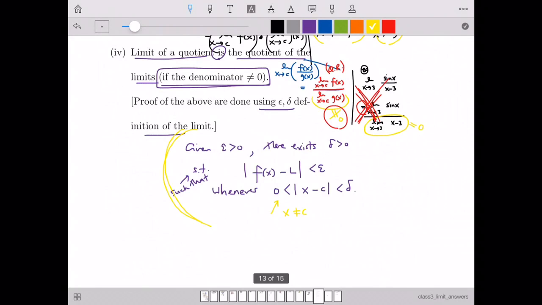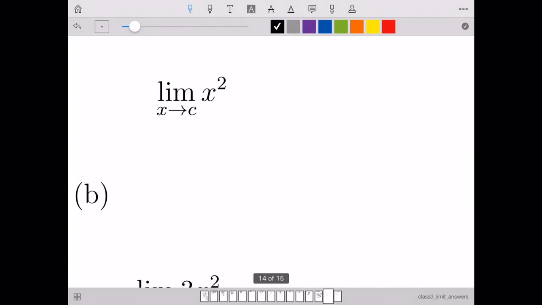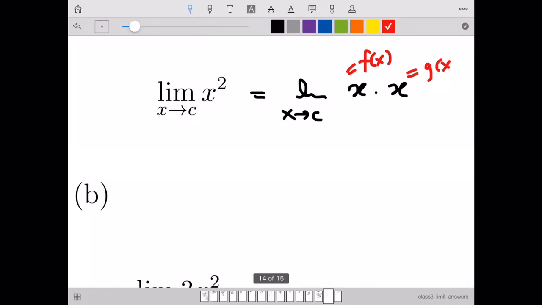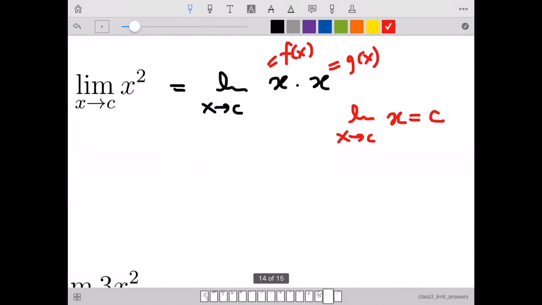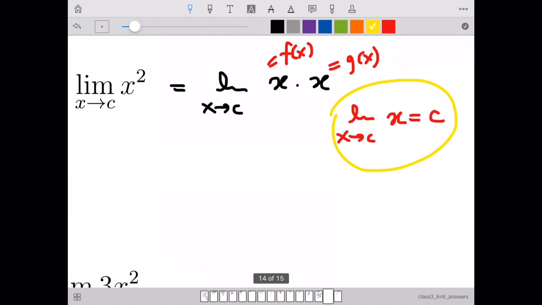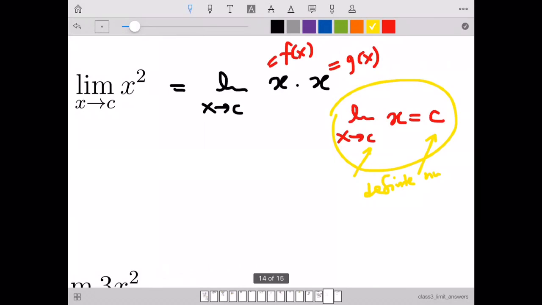So for example, a limit of x squared. This is limit x approaches c of x times x. I can think of this as f of x and that as g of x. And we know that limit x approaches c of x is c. And c is a definite, finite number.